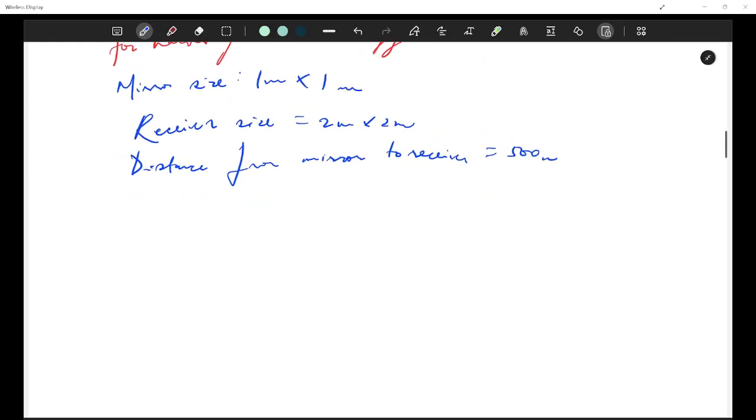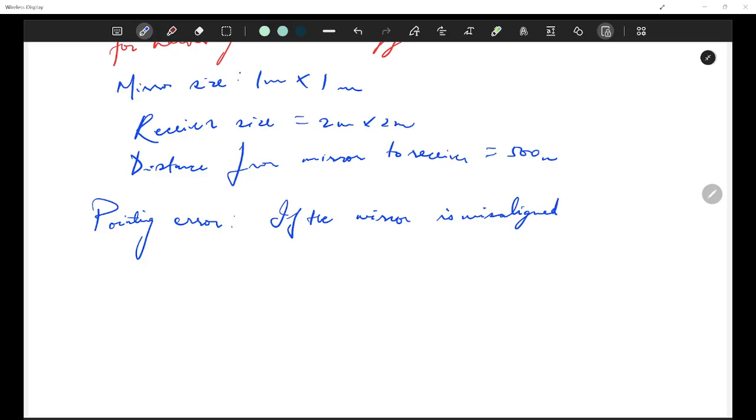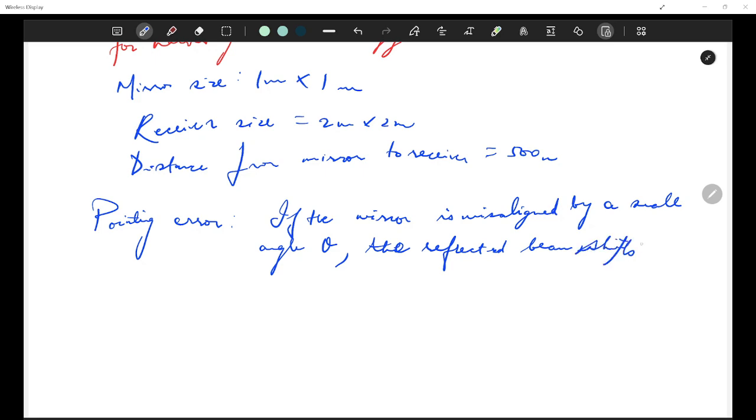So what does pointing error mean? First thing. What does this mean? If the mirror is misaligned by a small angle theta, and this theta is in the order of around milliradians, the reflected beam shifts at the receiver.